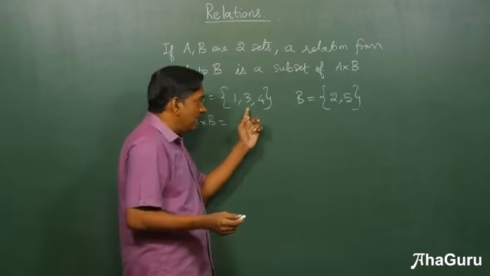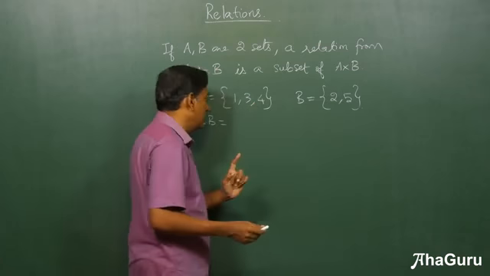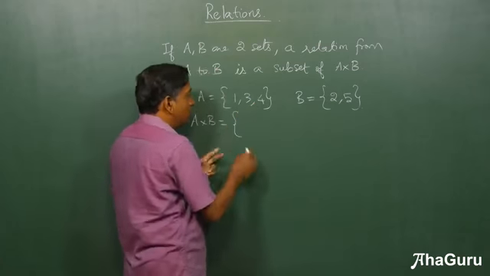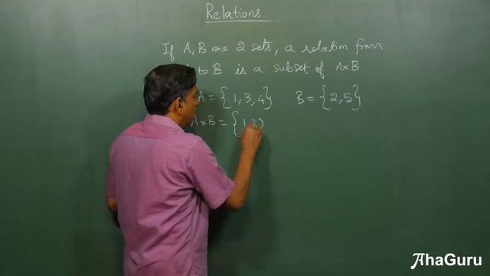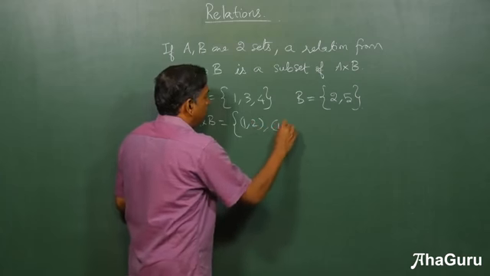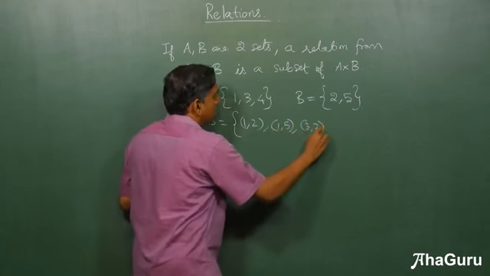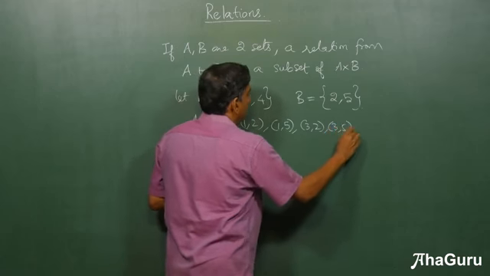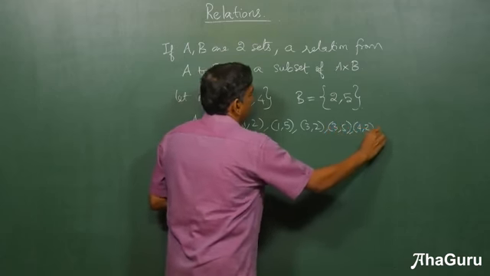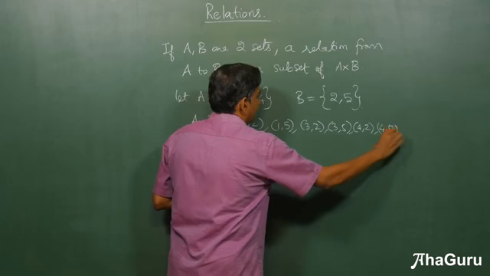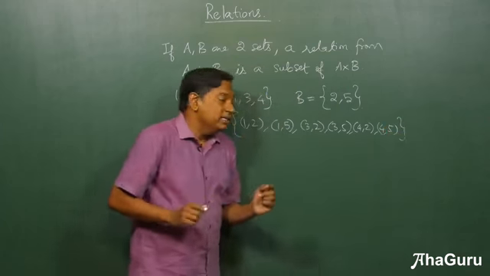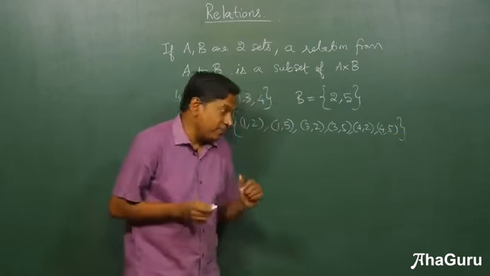So there are 3 elements here and 2 elements here. It will have 6 elements. In fact, what are all the 6 elements? 1, 2, 1, 5, 3, 2, 3, 5, 4, 2 and 4, 5. Okay, this is A cross B, we already know that.